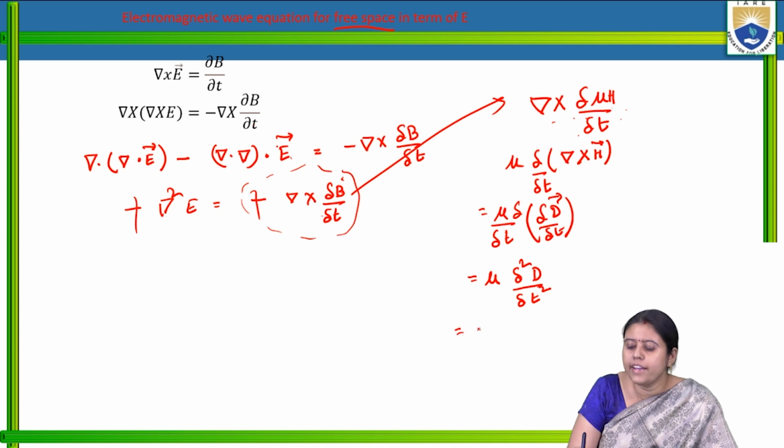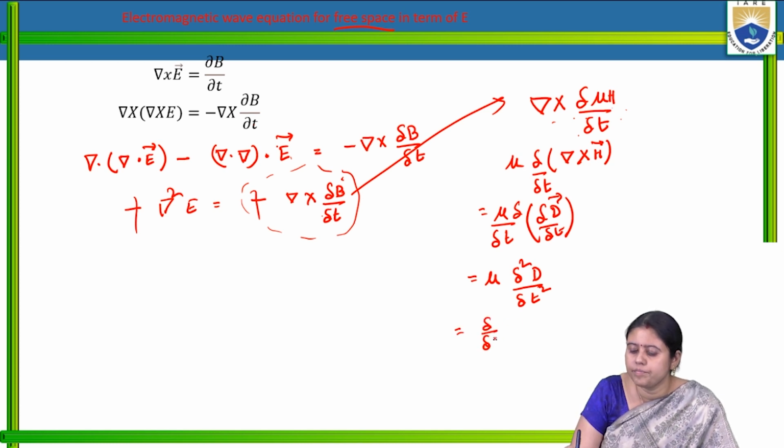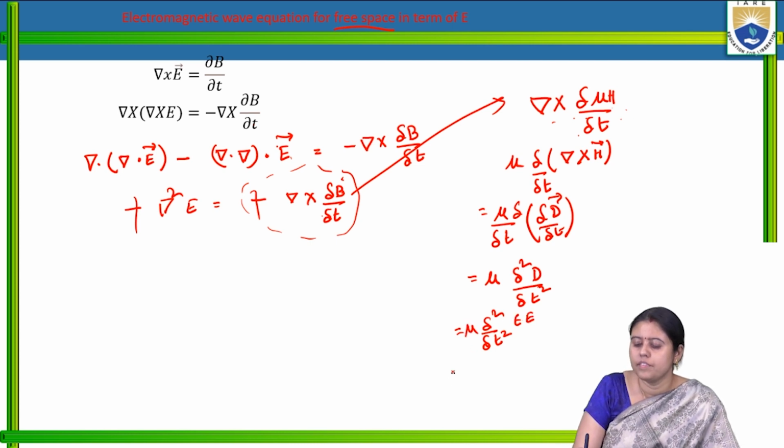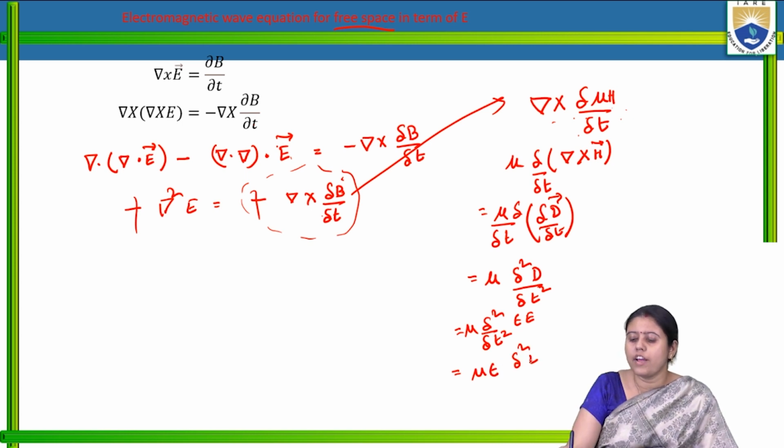What is D? D is nothing but epsilon into E. So we can write mu epsilon del square E by del T square.